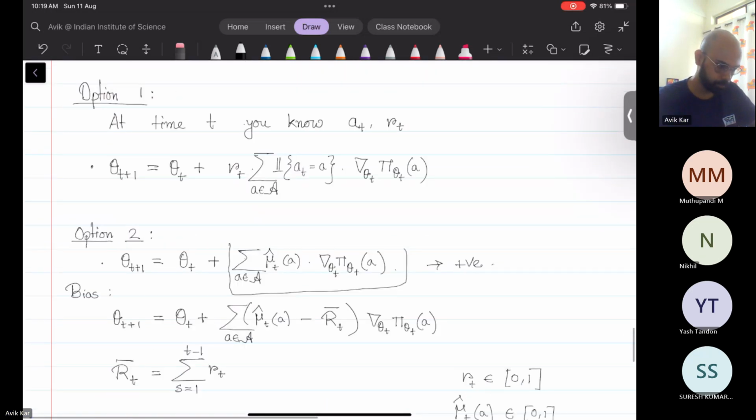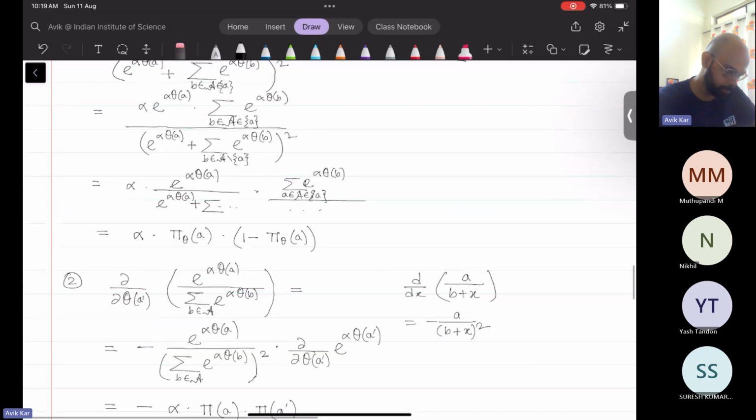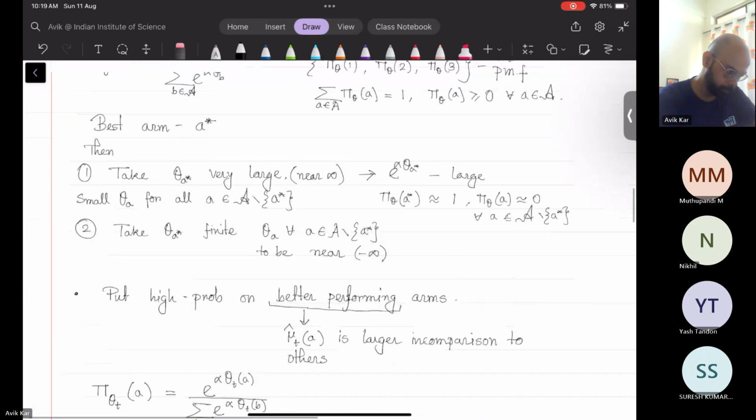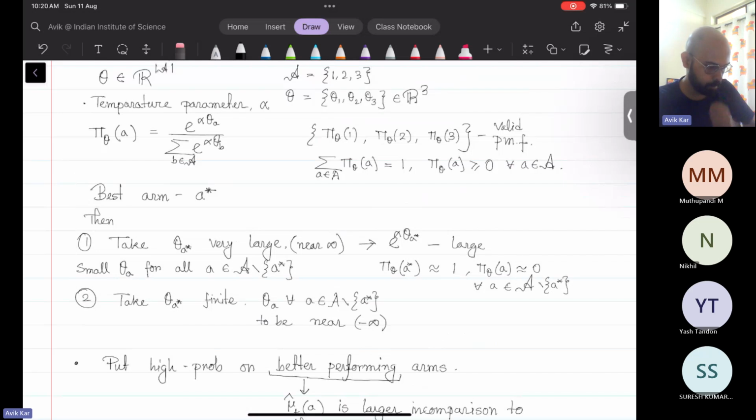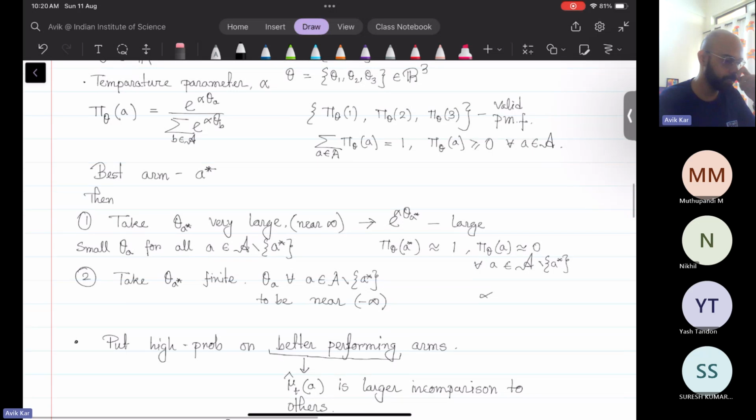And in the Boltzmann parameterization, we have already discussed this. One option is you take theta a star very large and the others finite. Another option is you take theta a star finite, but the other terms go to negative infinity. Both ways you can assign probability to a star near 1 and other arms near 0. So there are many possible parameterizations which will give you near optimal performance.